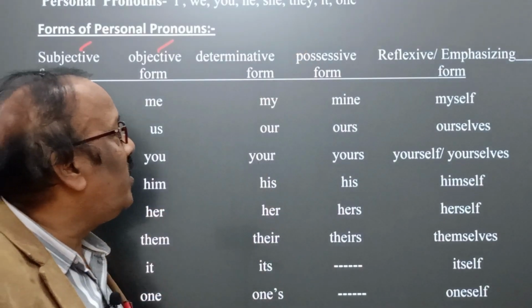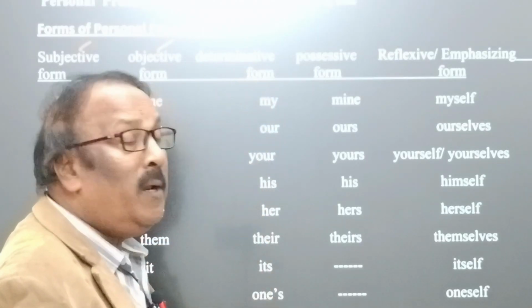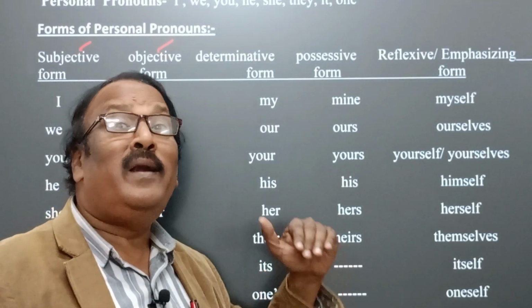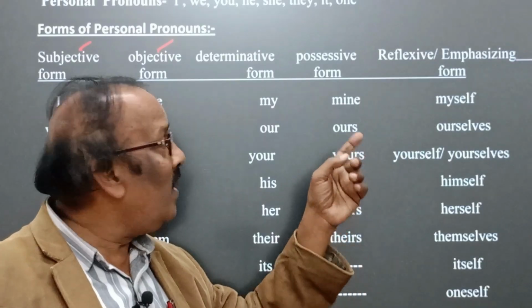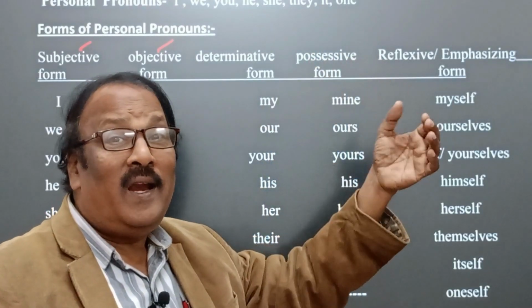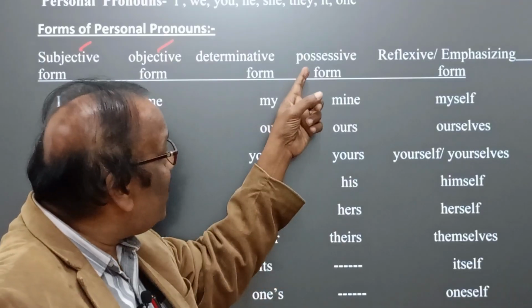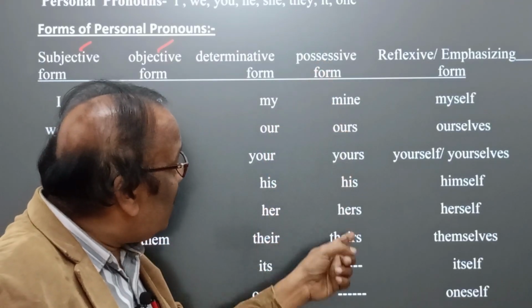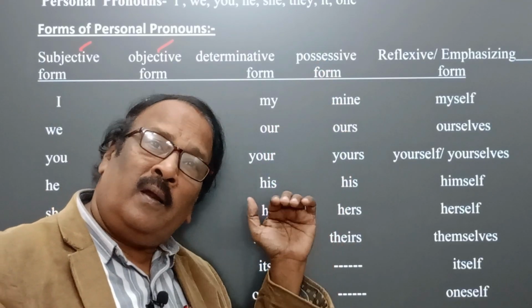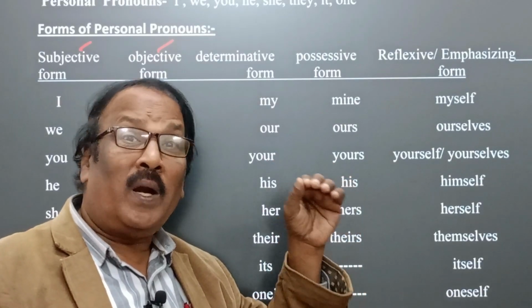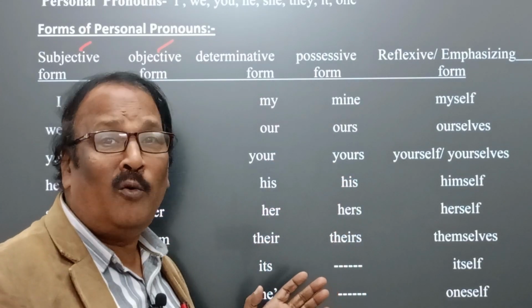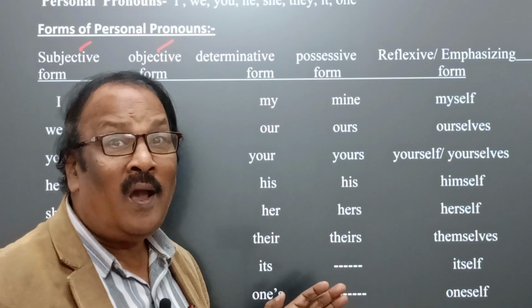Now come possessive form. Whenever determinative forms of personal pronouns take nouns after them to indicate any possession or ownership, at the same time, possessive forms of pronouns indicate ownership, but without taking nouns after them. How?